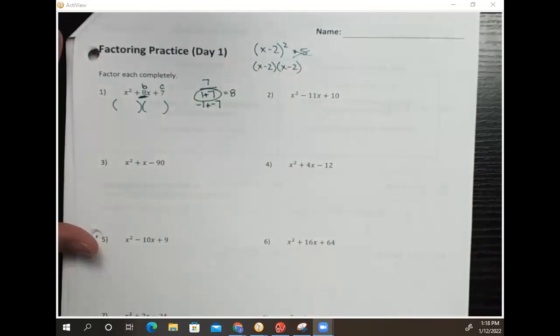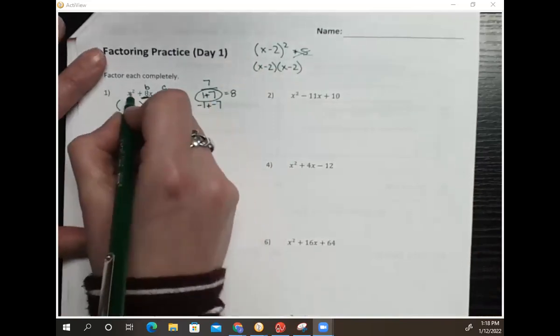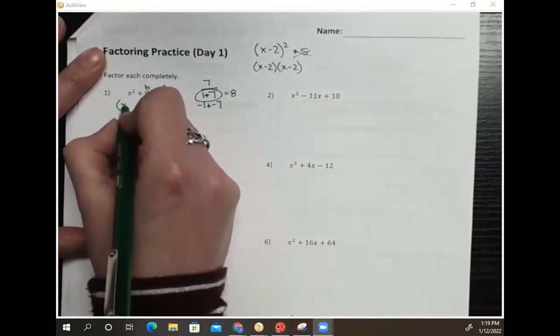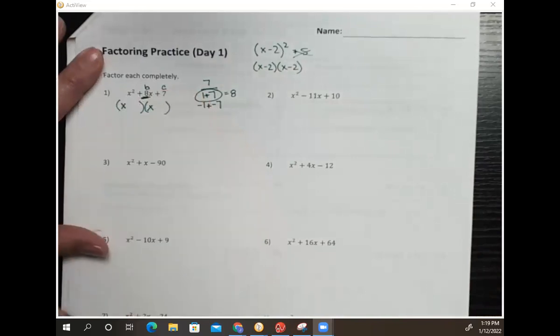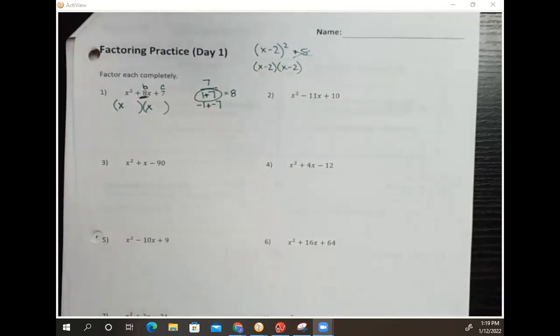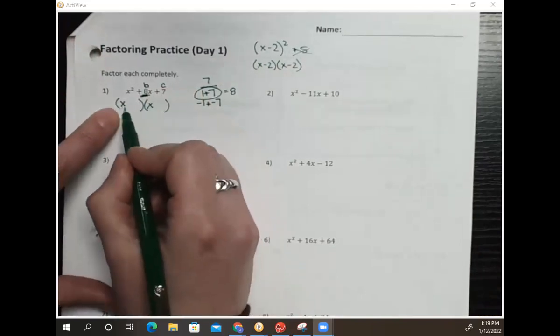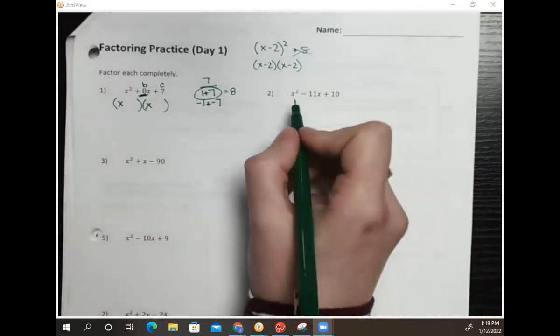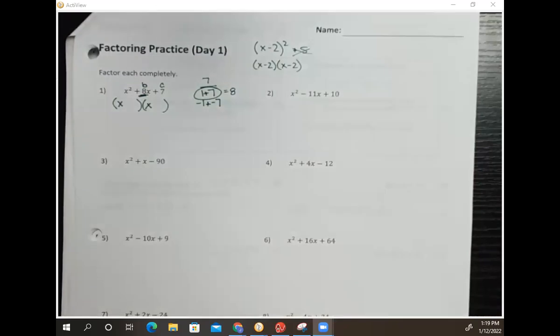Now here's what my factored form is going to look like. I know I need to get x squared. I'm going to split that up into x times x. For every problem that we look at today, our factors are going to start off with x times x. Everything that we're looking at today, I've got just x squared at the front.